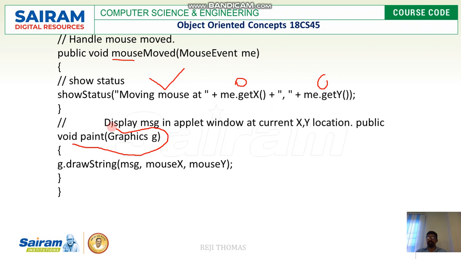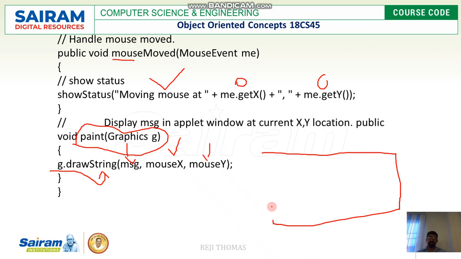When we are associated with an applet, there is a paint method, and the paint method is going to draw the string with msg. Msg is nothing but the message which you are going to print with the x and y coordinates. So drawString. This is the applet viewer, where we are going to print the message like mouse dragged, and x and y give you the coordinates.